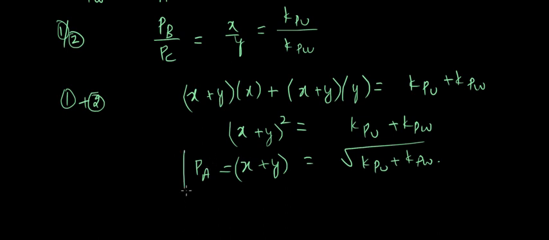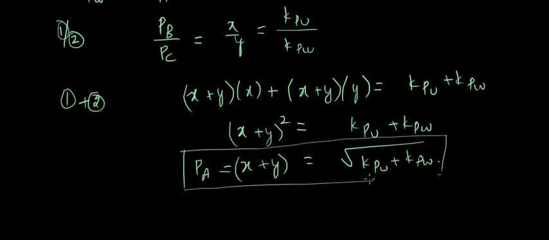So if you have to calculate the partial pressure of A in simultaneous equilibrium, meaning two equilibriums both having some common product among them happening in the same vessel, you just take the under root of the sum of the Kp of both the simultaneous reactions.